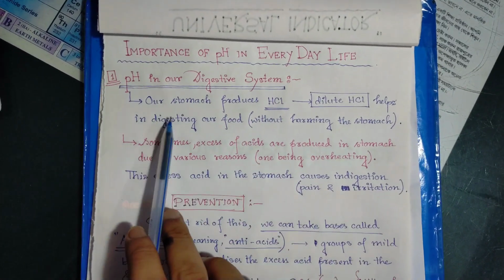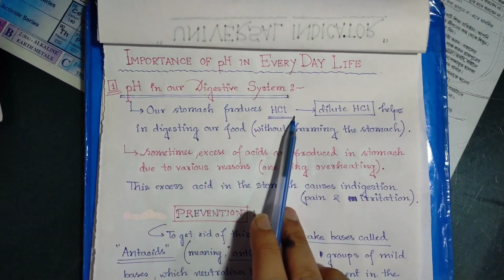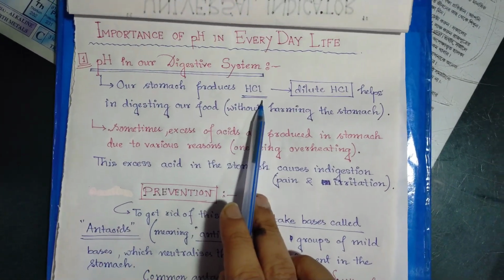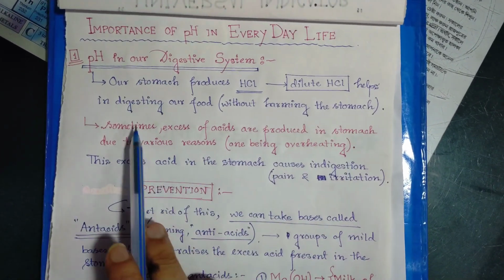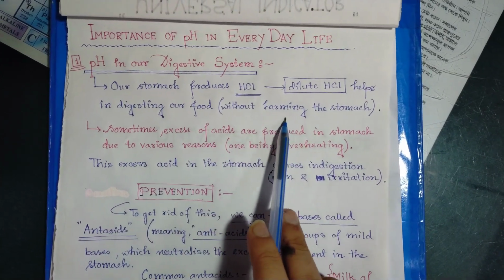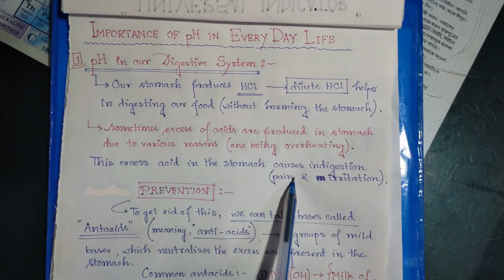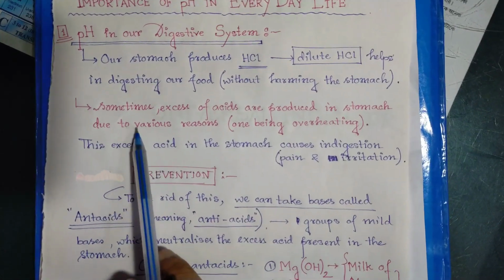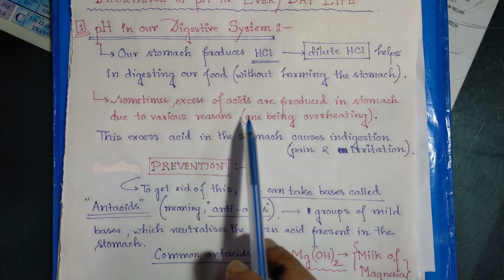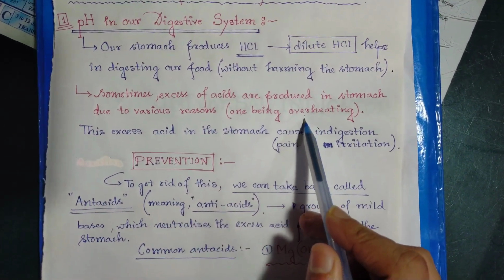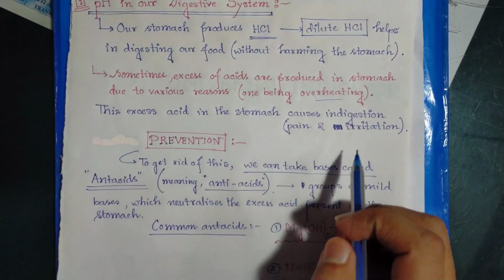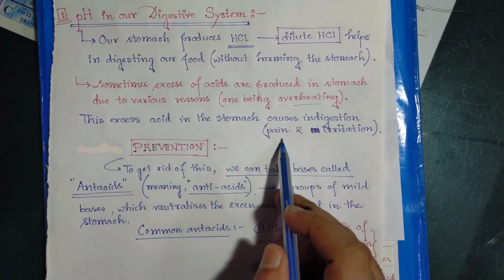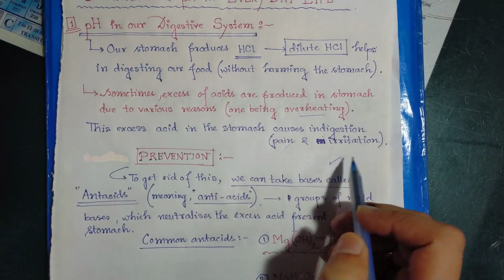Our stomach produces HCl, and this dilute HCl helps in digesting our food without harming the stomach. Sometimes excess acid is produced in the stomach due to various reasons, one of which is overeating. This excess acid in the stomach causes indigestion, resulting in pain and irritation.